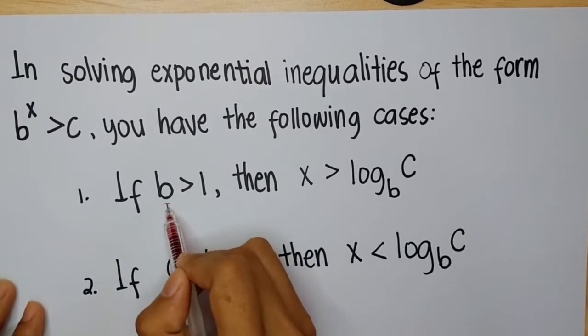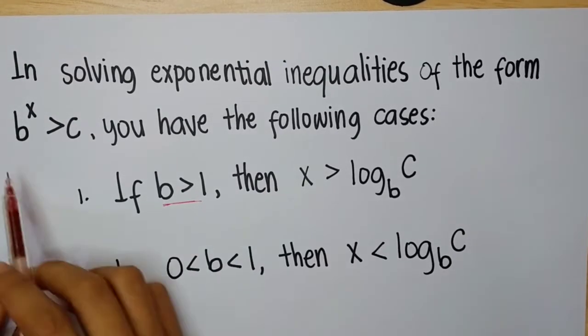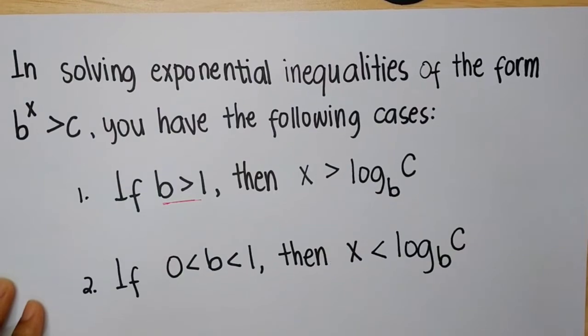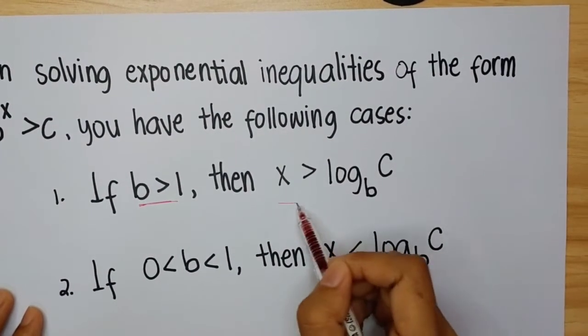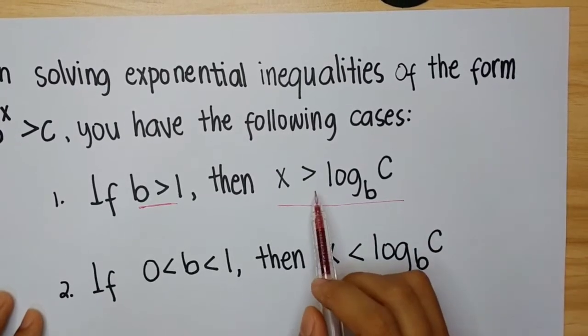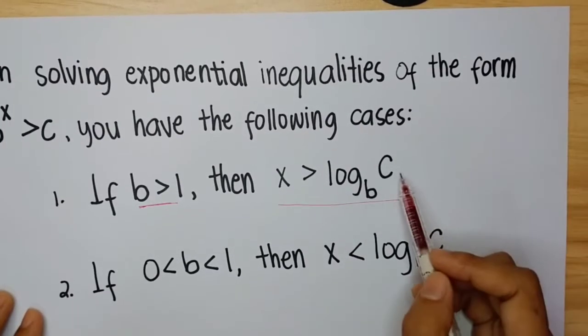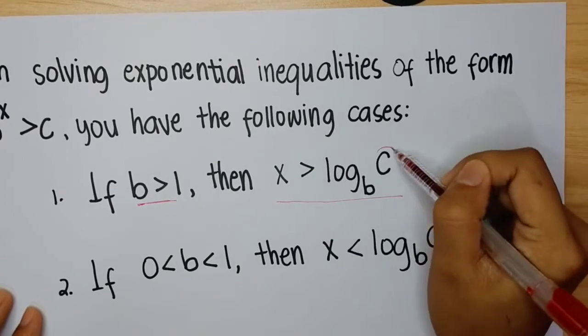If ang b natin is greater than 1, or that is mas malaki sa 1, that can be 2, 3, and 4, and so on and so forth, then, yung pagkakasulat niya, that will be this one. x is greater than log c to the base b. Ito yung constant natin na c.